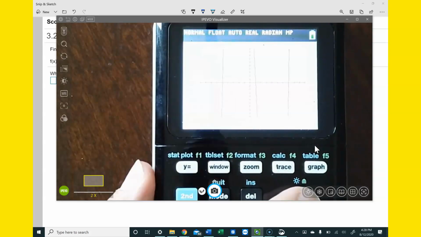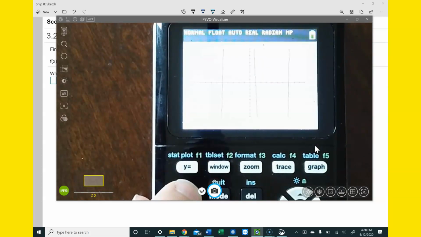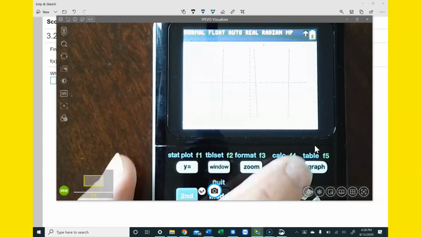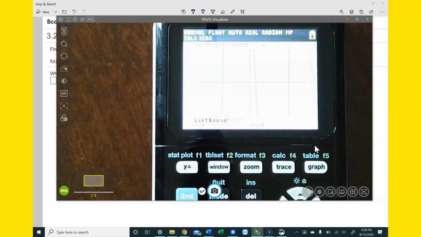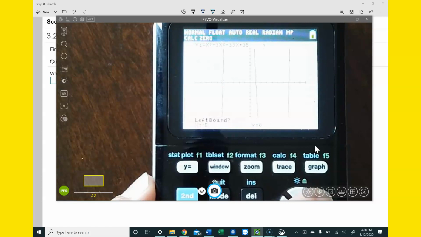I can find the exact value of the zeros by hitting second calc, option 2. And then let's say I wanted to find this 0 over here, I'm clicking to the left until I finally see that thing pop up in my screen.